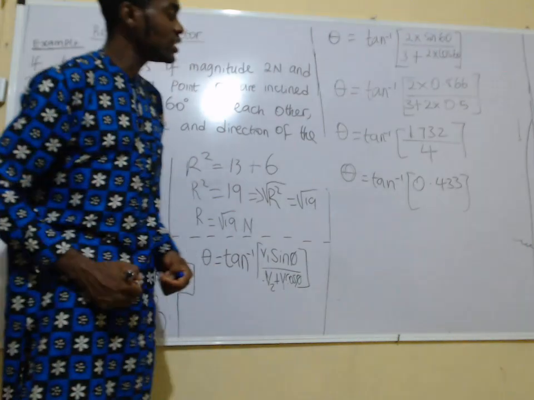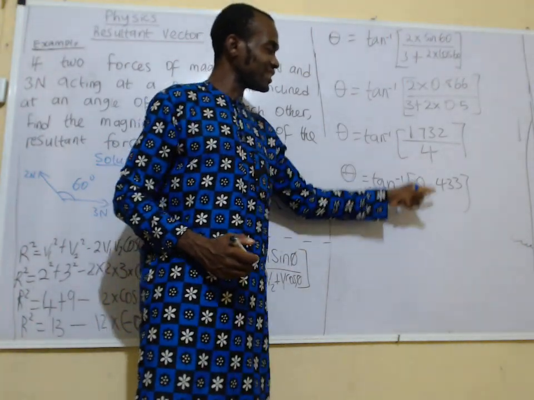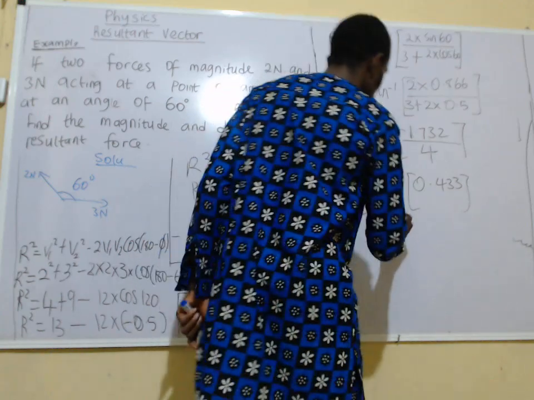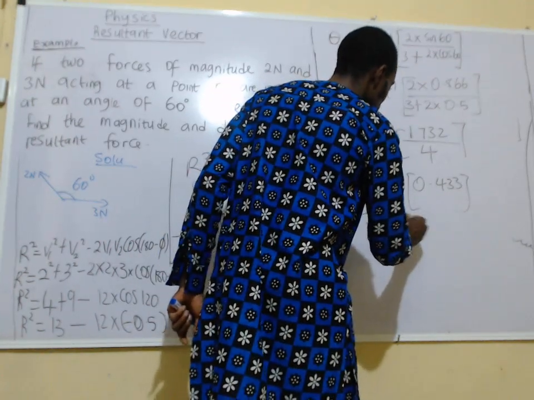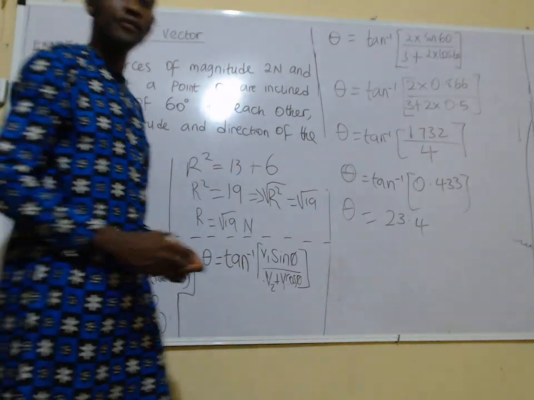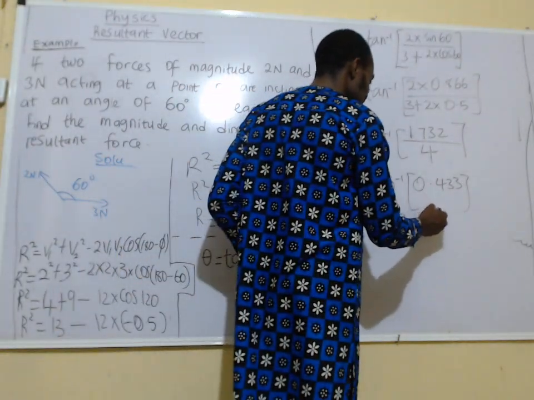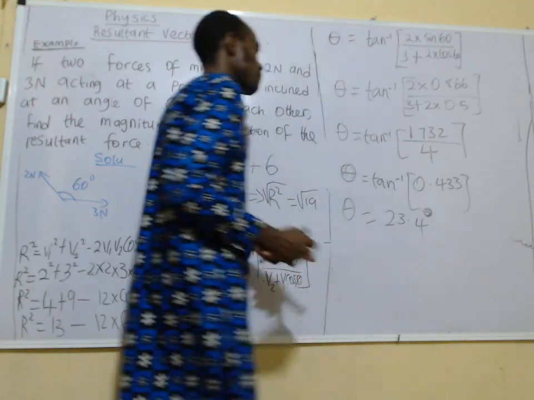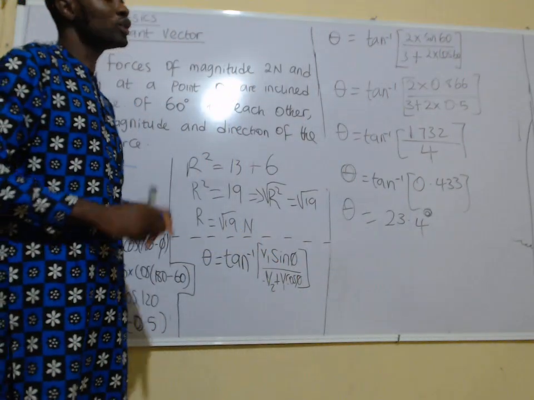Yes, that is that. Now you take the inverse tan of this. So when you take the inverse tan of that, you will get 23.4. So this is the direction of the resultant vector. Therefore, the unit is degree. So that is that. So it's simple.